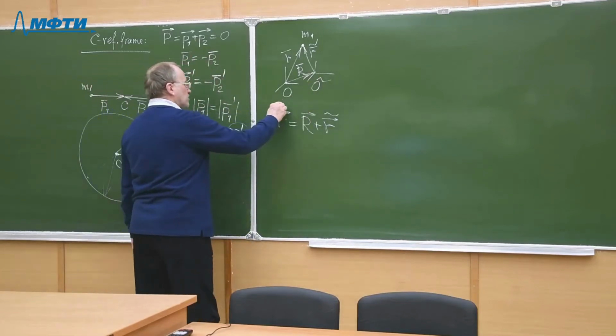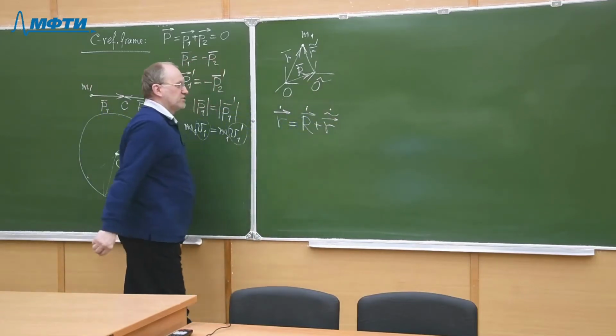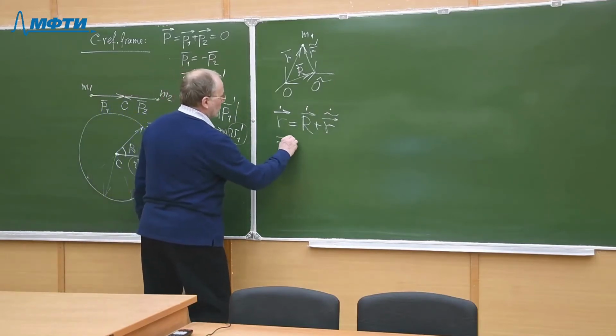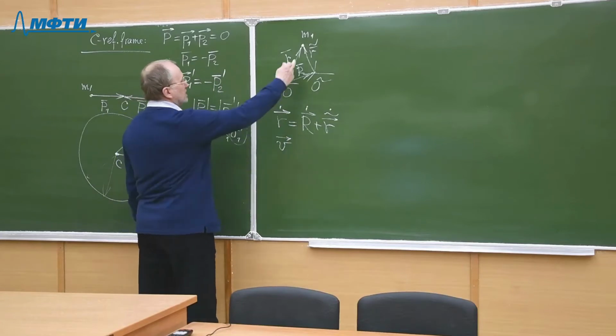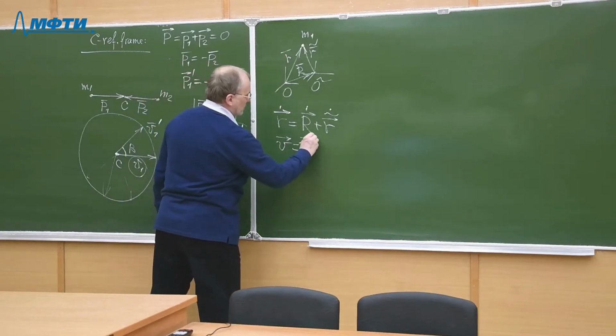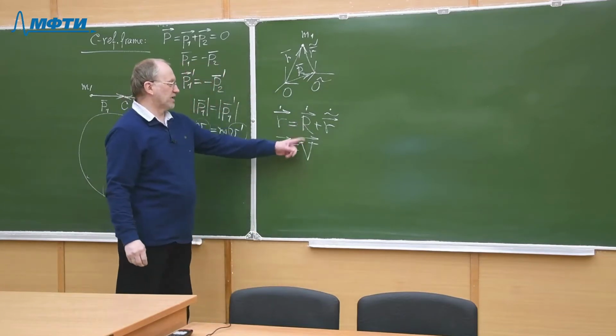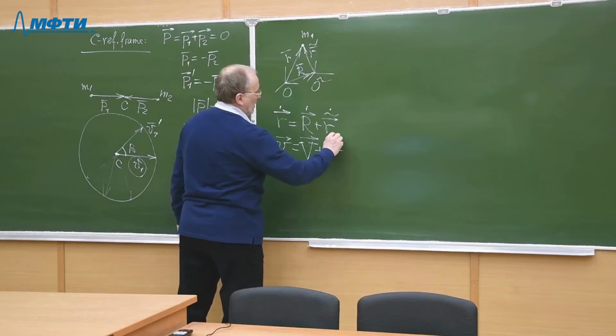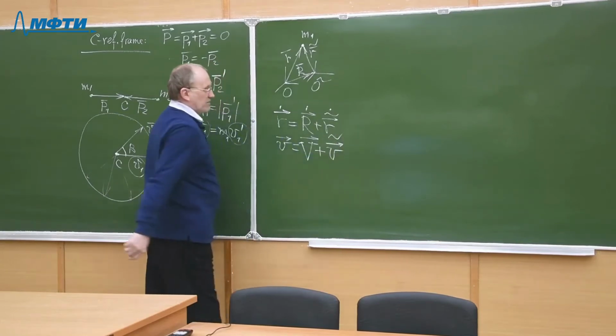If we differentiate it with respect to time, we obtain the relationship between velocities. The first term will be the velocity of this mass with respect to the first reference frame, then the velocity of the second reference frame, capital V, with respect to the first, and then the vector velocity with respect to the second reference frame.